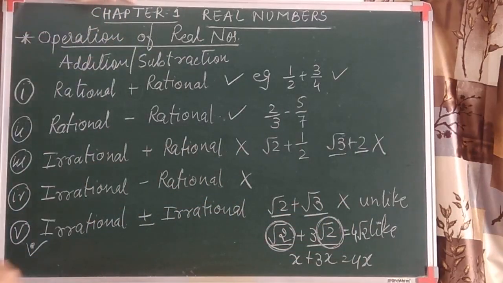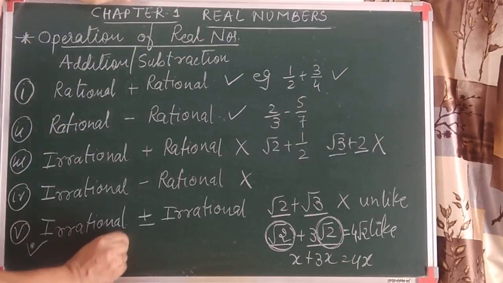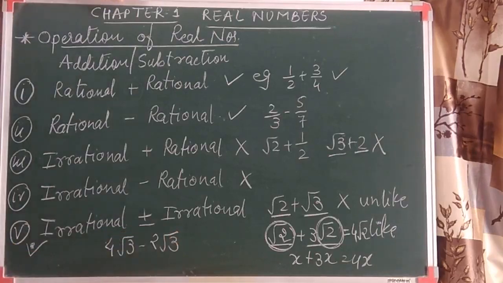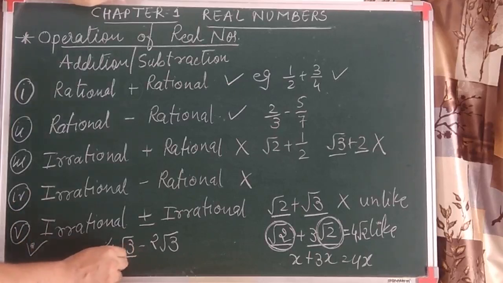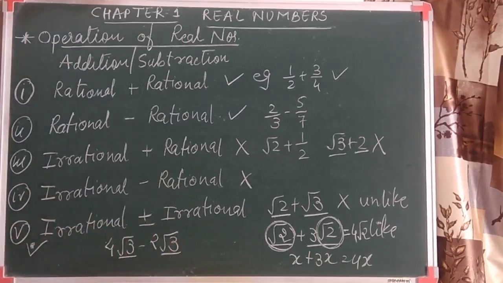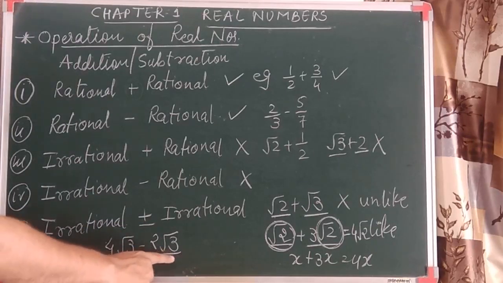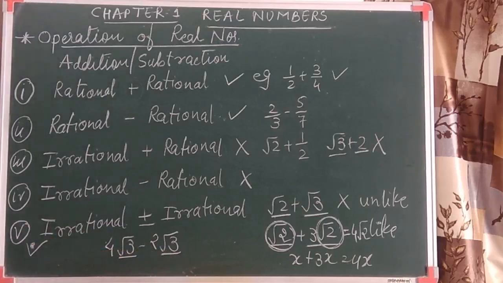Let's have one more example. If I write 4 root 3 minus 2 root 3, तो पहले हमें चेक करना है ये जो irrational number है ये like है कि नहीं है. If it is like irrational, then yes, the addition and subtraction is possible. अब addition subtraction possible है तो कैसे करेंगे?